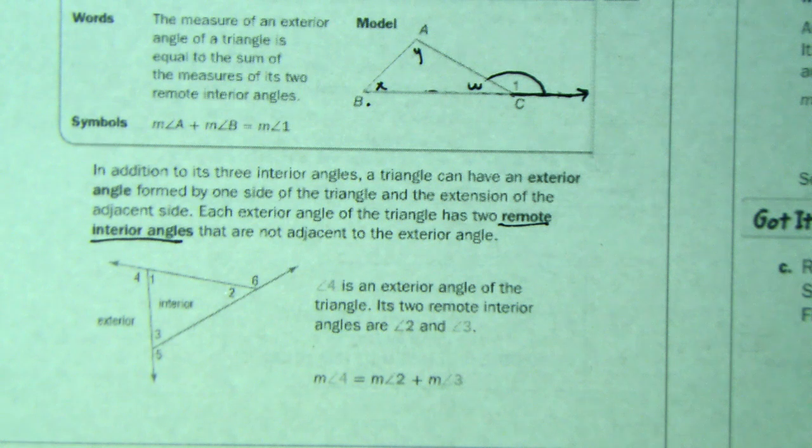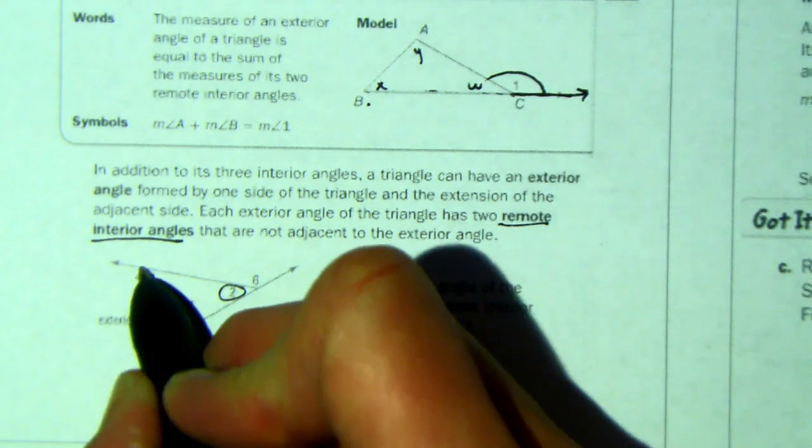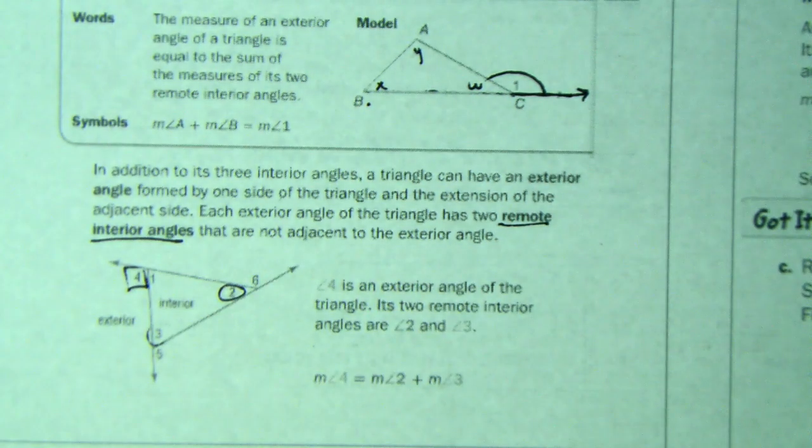On the bottom of that slide, you see a triangle drawn with all three of the exterior angles. And then they label the interior angles 1, 2, and 3, and then 4, 5, and 6 for the exterior angles. And it says angle 4 is an exterior angle of the triangle, and its two remote interior angles have to be 2 and 3, because those are the two not adjacent to it, not right next to it.